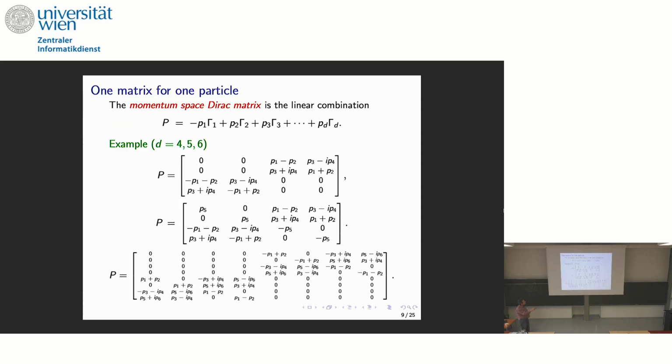This is called the momentum space Dirac matrix, just a general linear combination of our d big square matrices. Then if d is 5, k is still 2. The matrix is almost the same, except you put a p5 along the diagonal like this.